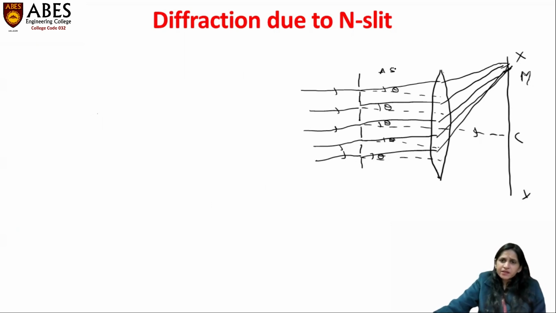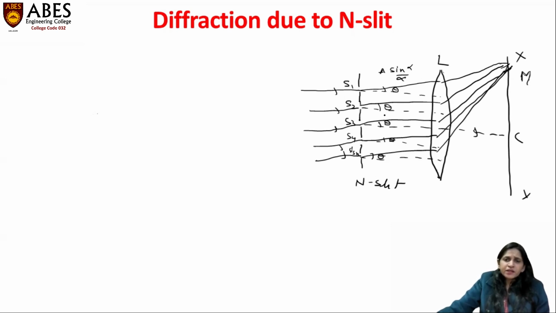It will be A sine alpha over alpha, because we have already found the resultant amplitude in the case of a single slit. Whether it is S1, S2, S3, S4, and so on up to Sn, every slit is acting as a single slit, so the resultant amplitude is A sine alpha over alpha. This is lens L, this is screen XY, and this is the N slit grating.